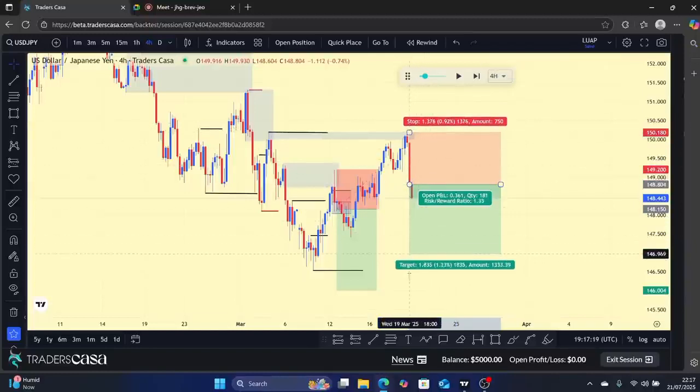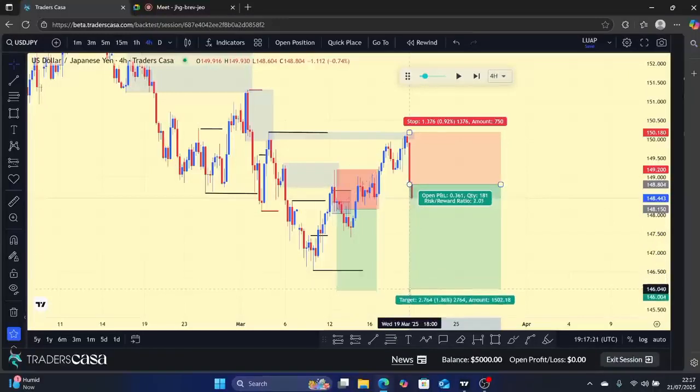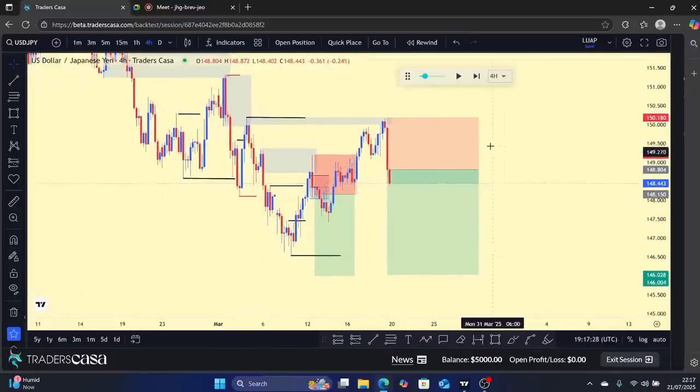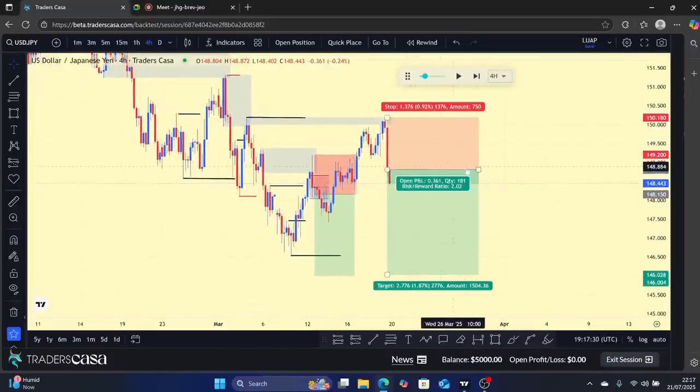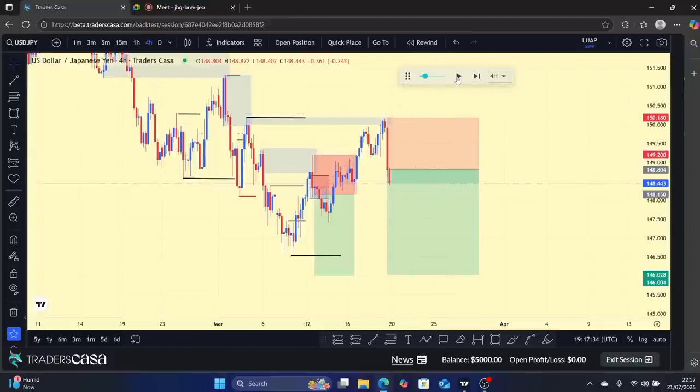So in this case I will have to extend so that I can make that 1:2. Anyway, I will have to, because if you want to take the entry, then you will have to do that. But yeah, let's see what price does eventually after that.